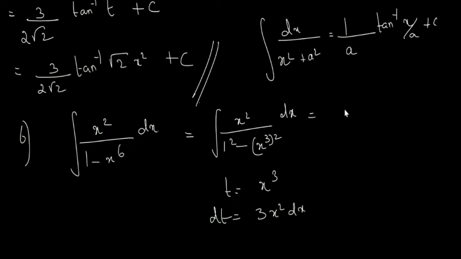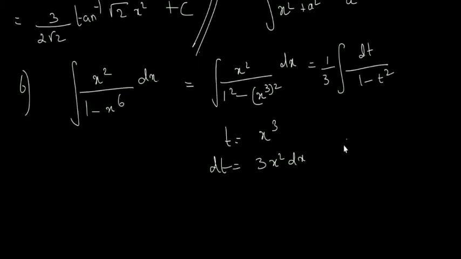So this will become now, integrate x square dx is dt by 3. That 3, take it out, dt by 1 minus t square. The formula for dx by a square minus x square is 1 by 2a log of a plus x by a minus x.